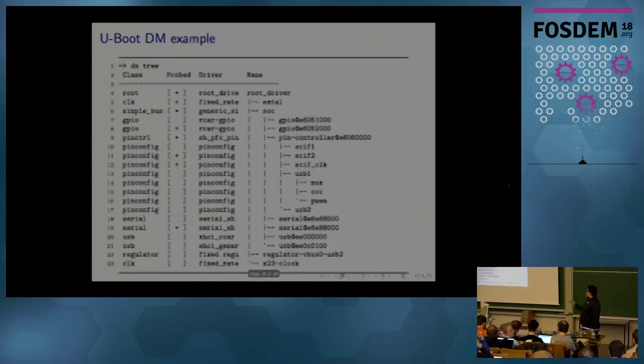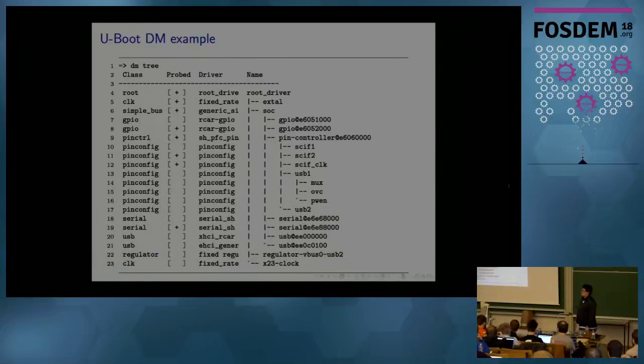Now, you have a convenient command which is called dm tree, and that will show you all the drivers which are bound into the tree and also those which are probed. So in this case, in this system, you can see that the system has started. We probed the serial console because we need to have that.